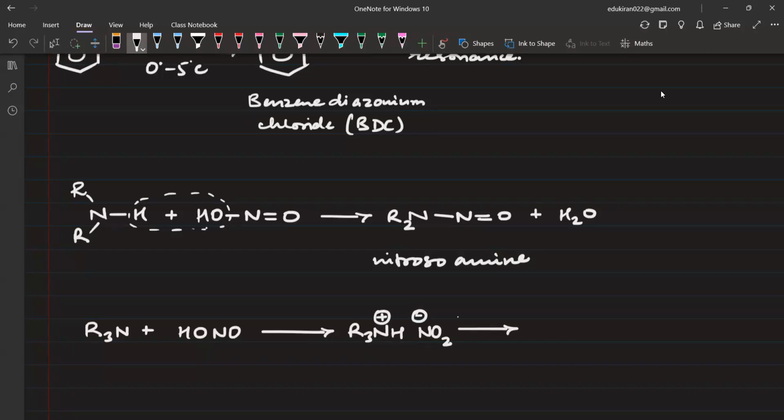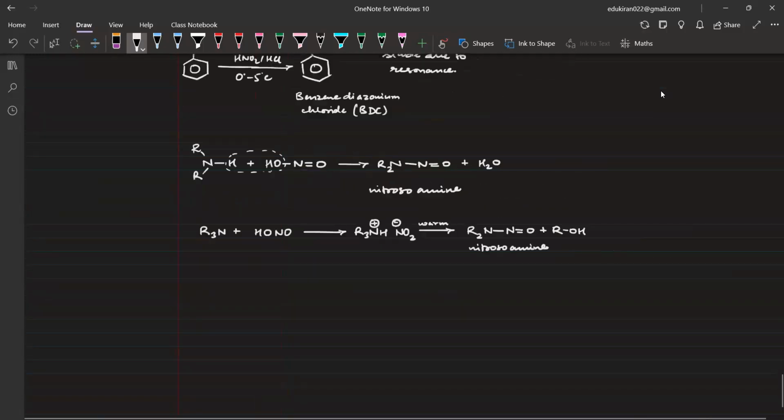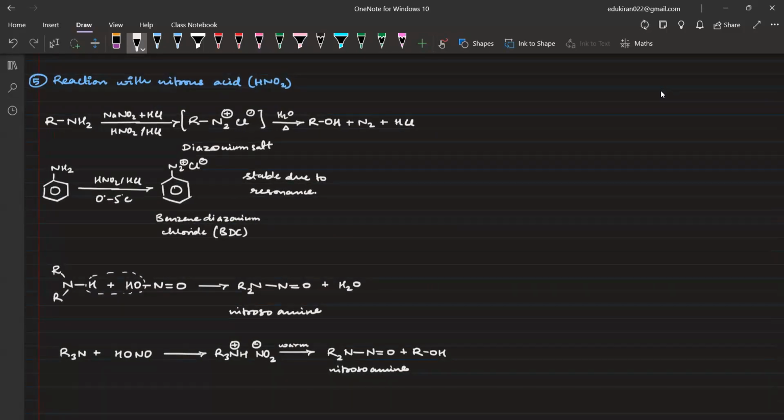When you are going to just warm it, then what would happen? आपको यहाँ पे फिर से नाइट्रोसोअमीन मिलेगा, that is R2N, which is having a single bond with nitrogen, double bond with oxygen, plus you will get alcohol, that is ROH. ठीक है, this is again nitrosoamine that you are getting. Fine, so this is reaction with 1 degree, aniline, 2 degree and 3 degree. Copy this down and raise your hand once you're done.